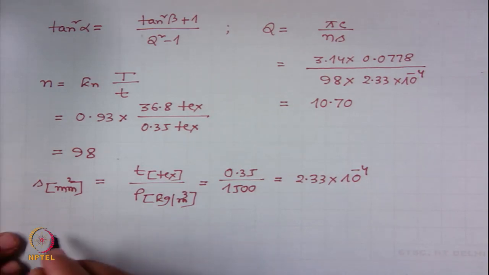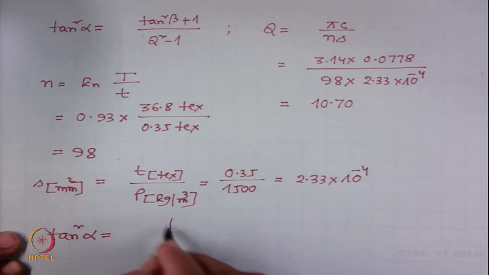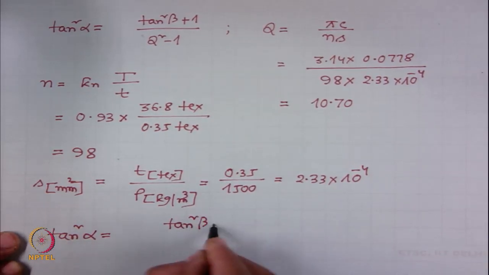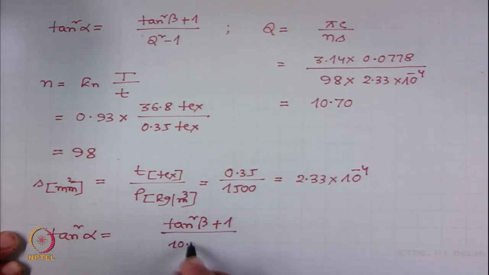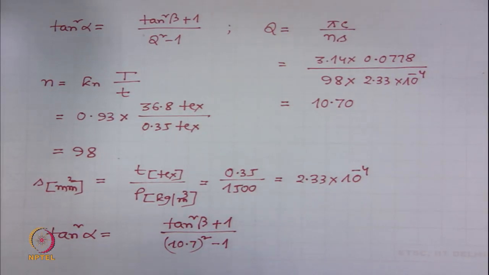So, the fundamental equation becomes tan alpha equal to root over tan square beta plus 1 into root over 10.7 square minus 1. So, this is the fundamental equation of radial fiber migration in this yarn. For different values of beta we can obtain different values of tan alpha from this example also.